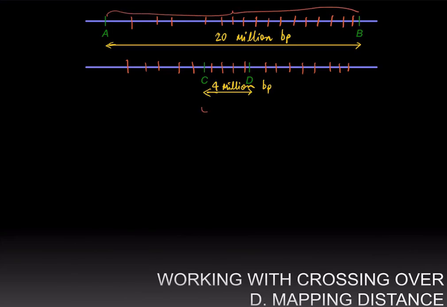And what this means is that the number of crossovers is proportional to the distance between linked genes.